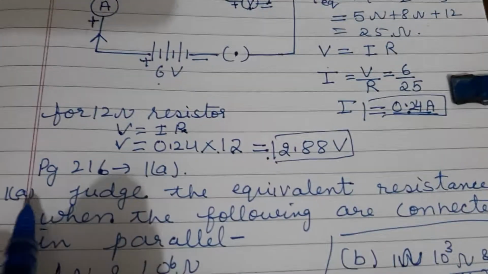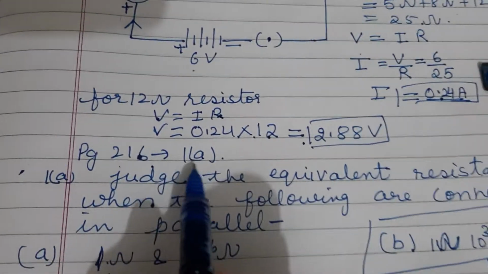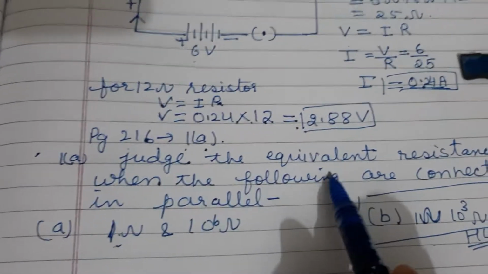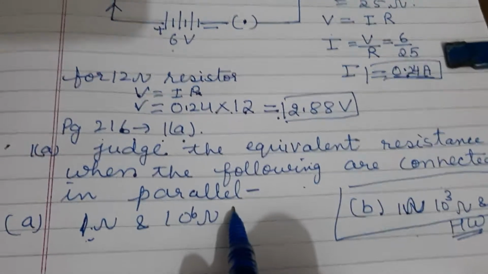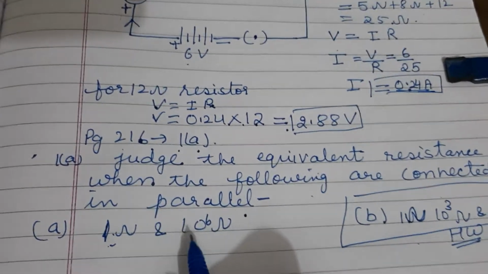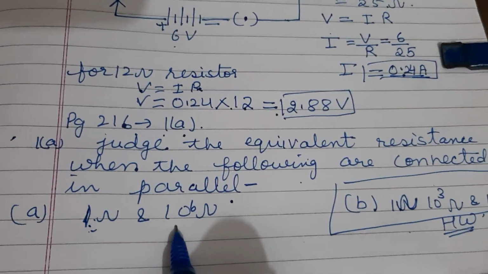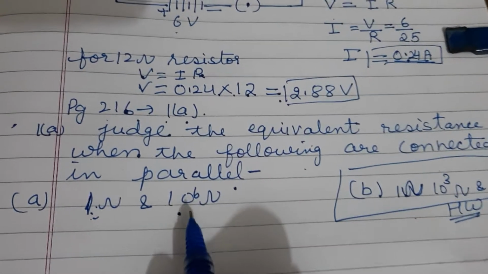Now next question, page number 216, first A. Judge the equivalent resistance when the following are connected in parallel. Two resistances are given to us, and we have to judge what their resistance will be.